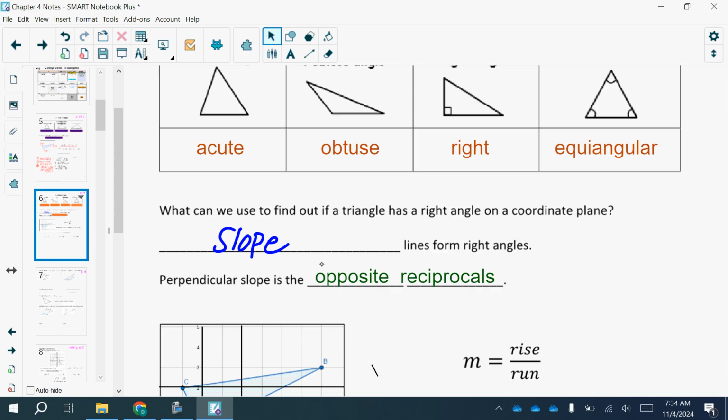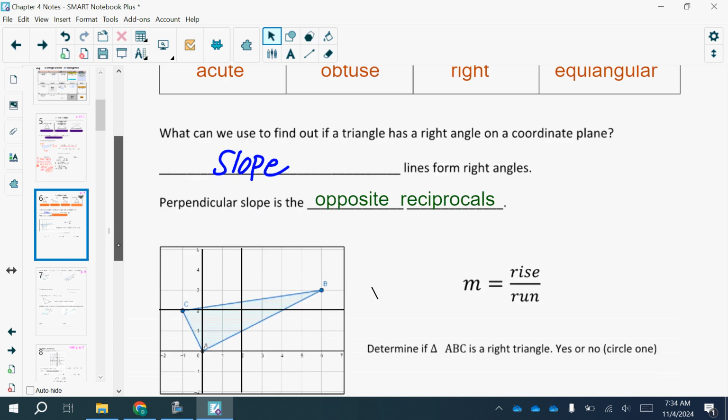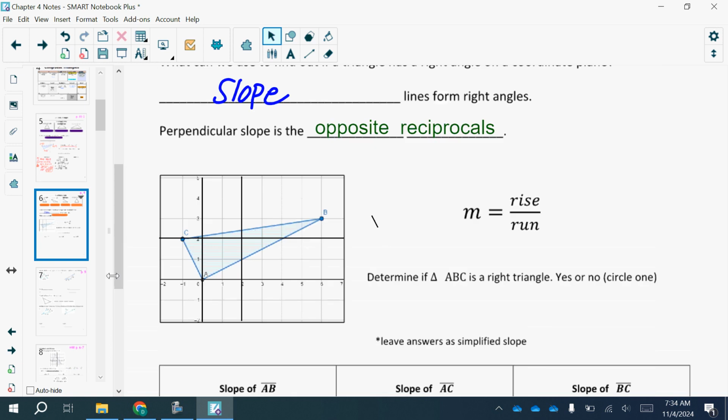Because if two of the lines have perpendicular slopes, which means opposite reciprocal, that implies they're perpendicular lines, which then implies a right angle is formed between them, which then implies a right triangle.